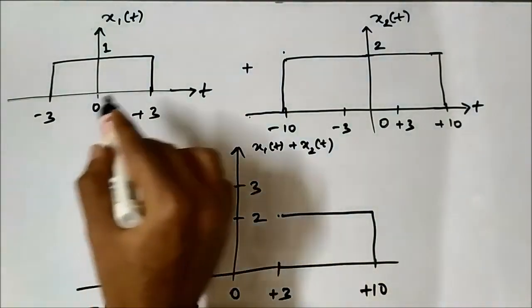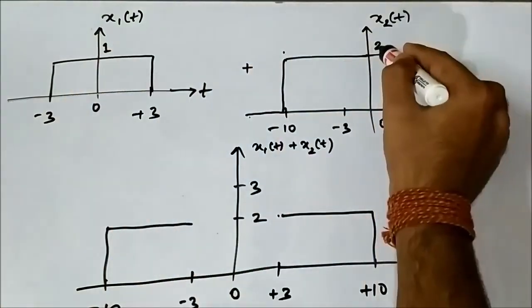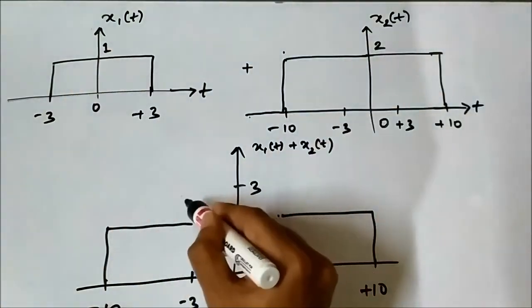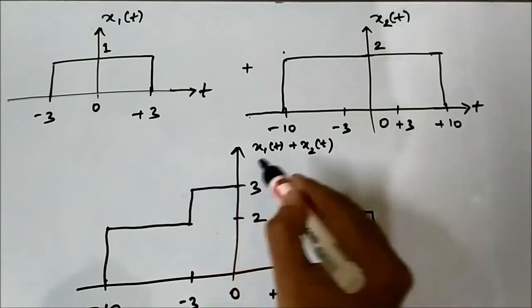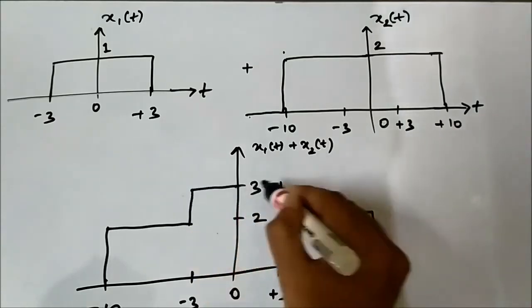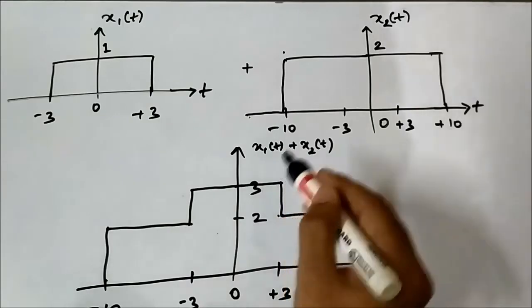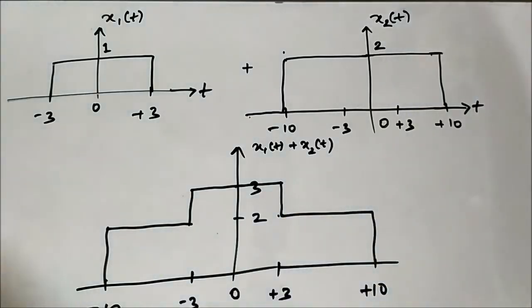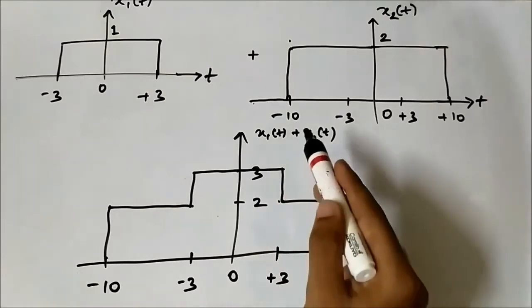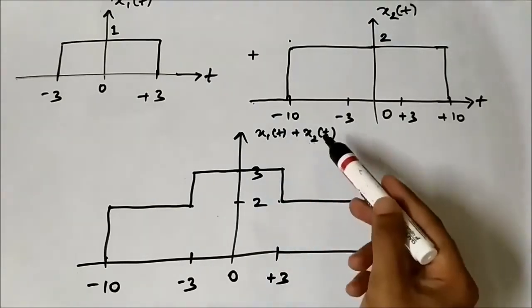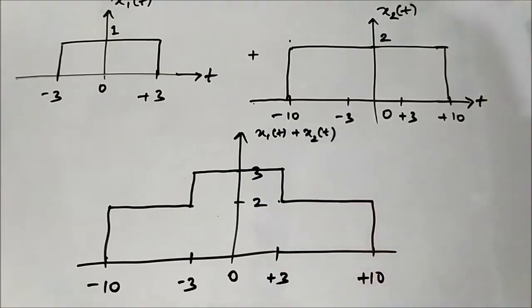So in between -3 to +3 it is 1, this is 2, 1 plus 2, it will be 3. Okay, so this is the shape of the signal x1(t) plus x2(t).